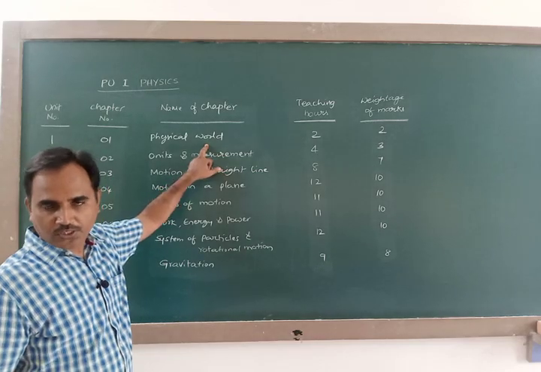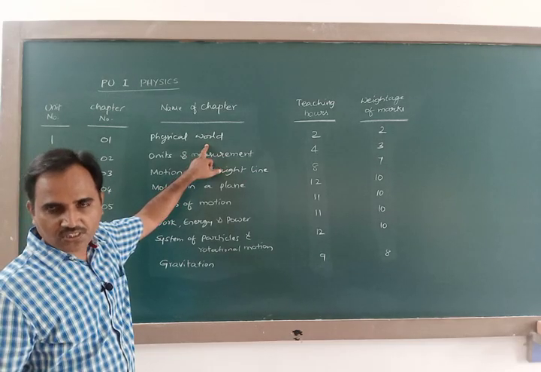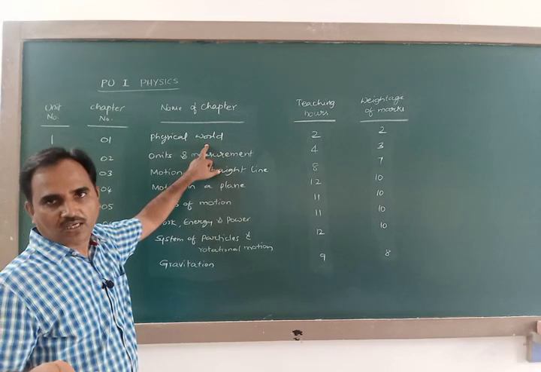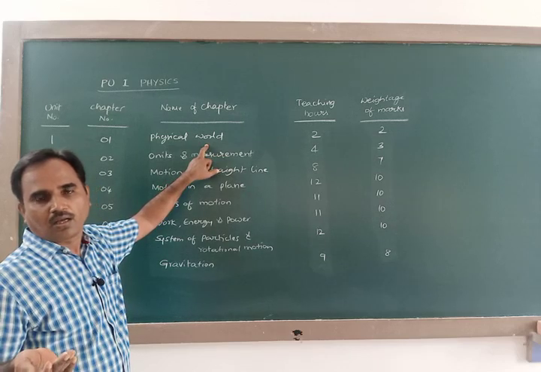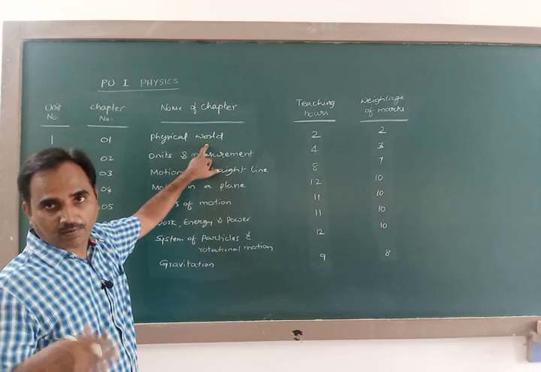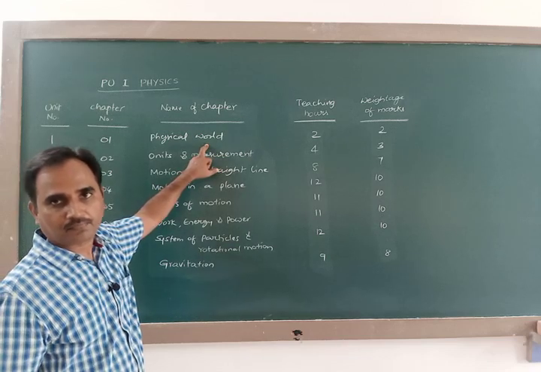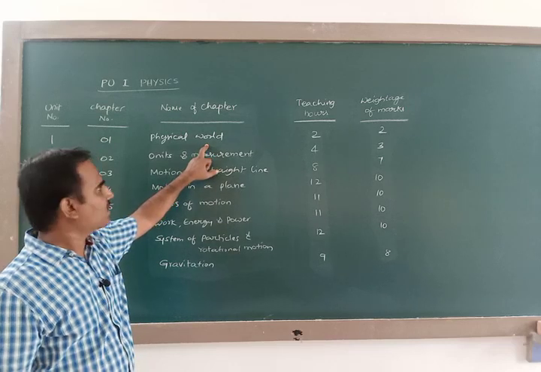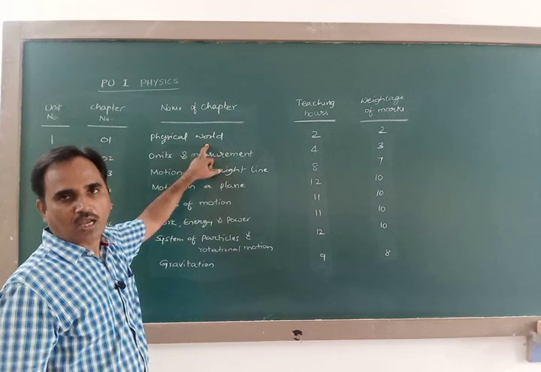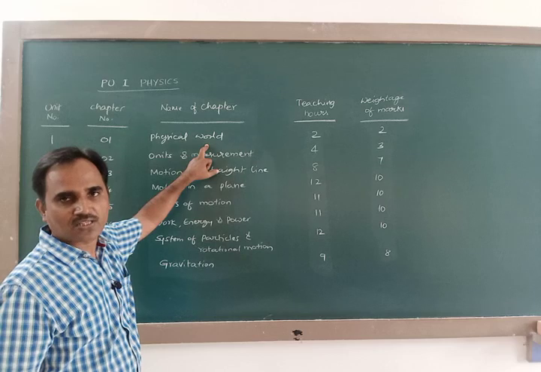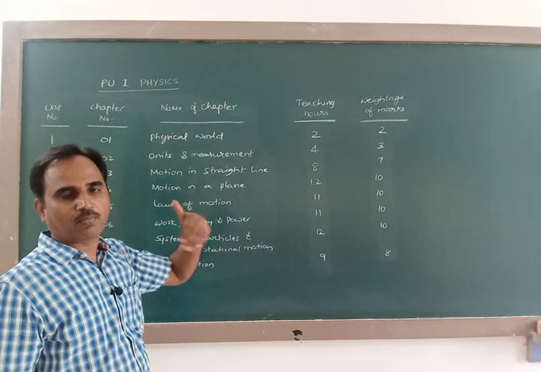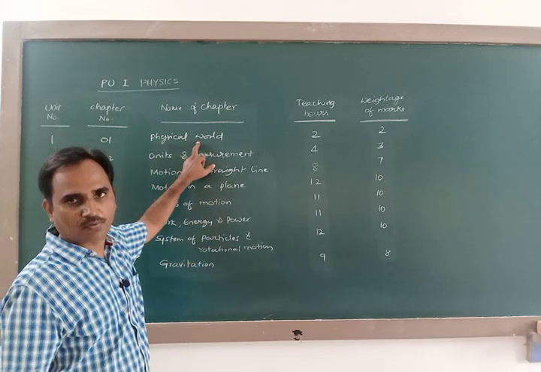In this chapter, you are going to study what is physics and what is the effect of this physics in the evolutionary process of the society, and also the various applications of this physics, various inventions in physics, and various laws, conservation principles, all those things you are going to study here. A brief introduction about physics comes under this physical world.